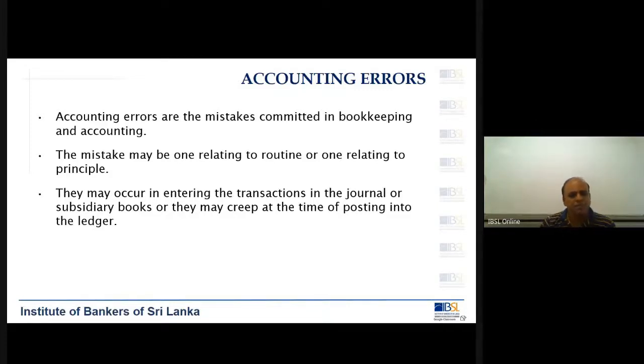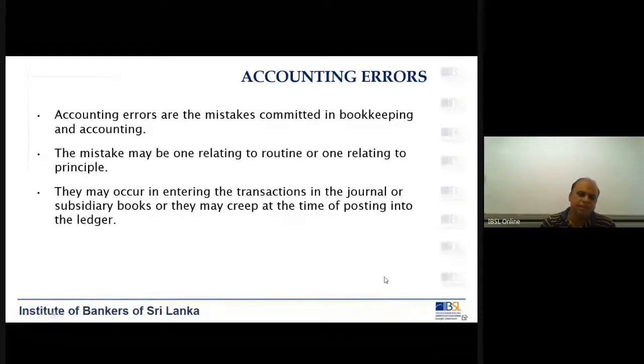Now this is something which can commonly happen even in your business environment. Let's say a customer has given you a deposit, say 20,000 rupees. He has given you a deposit slip. He has clearly written his account number and the amount. But at the time of posting this transaction in the system, you have entered one digit mistakenly.